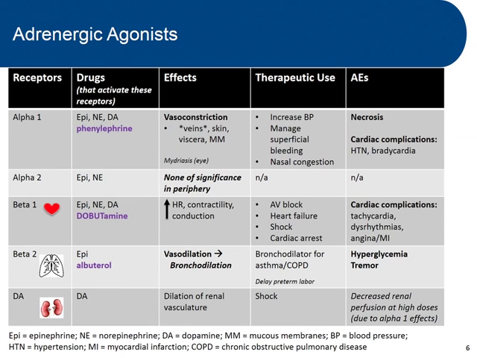So vasoconstriction can happen in the veins, the skin, the viscera, the mucous membranes, but really where we see the effects that are of concern are vasoconstriction in the veins. And so in terms of the uses, we use phenylephrine and also epinephrine, norepinephrine, and dopamine, to increase blood pressure, usually in the setting potentially of shock.